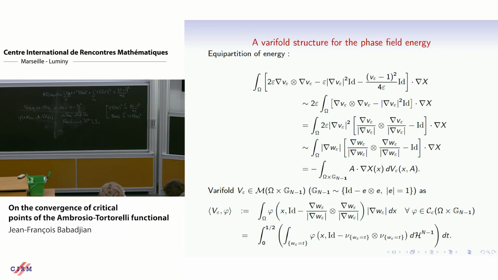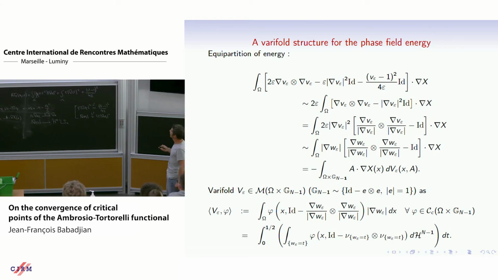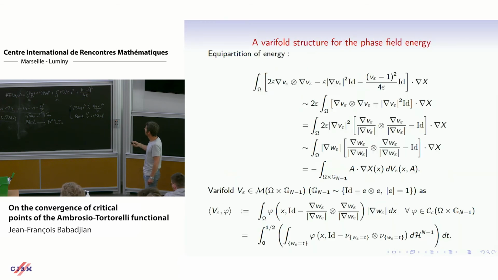Now, why is it helpful to rewrite things like that? It's helpful because V epsilon, almost by definition, is a bounded measure in this product space. So up to a subsequence, it will converge to a limit measure, capital V. But the idea will be to get enough information on this limit measure to be able to pass to the limit in this term here.